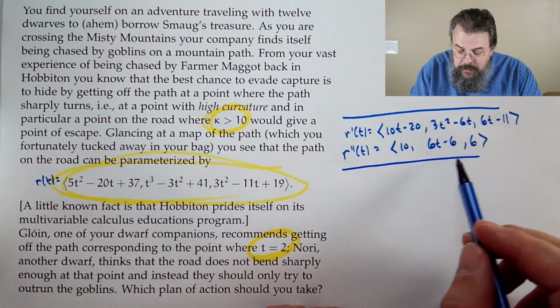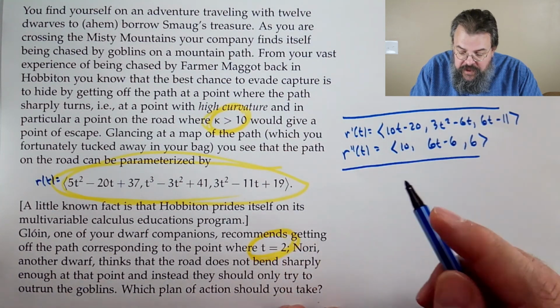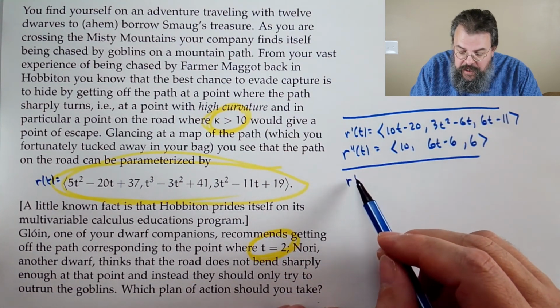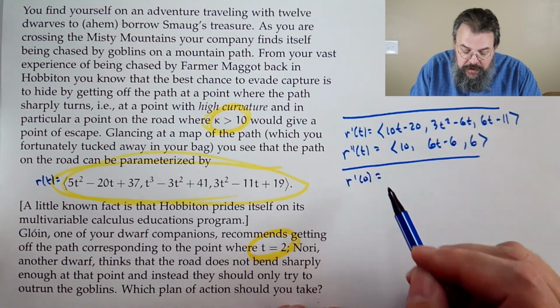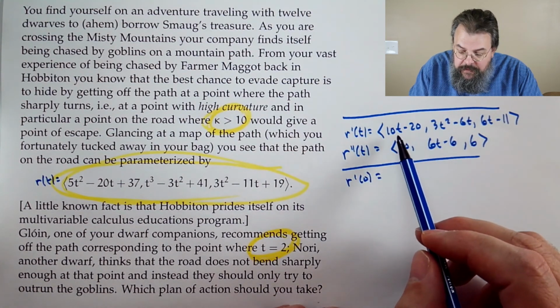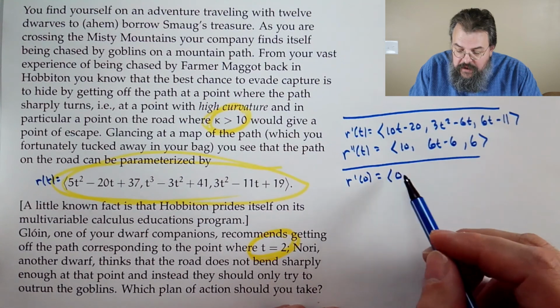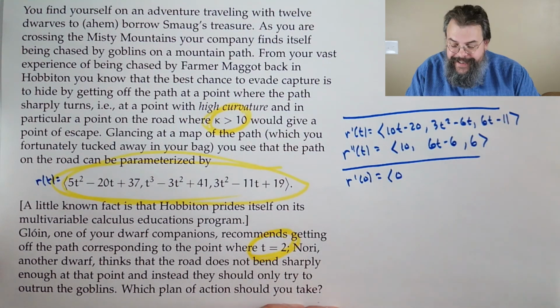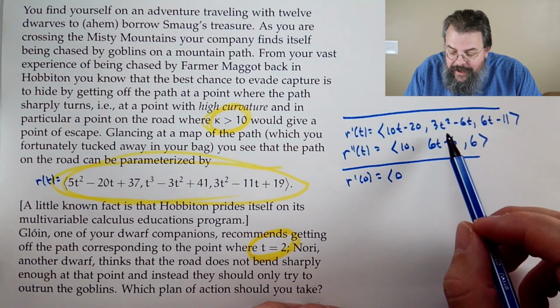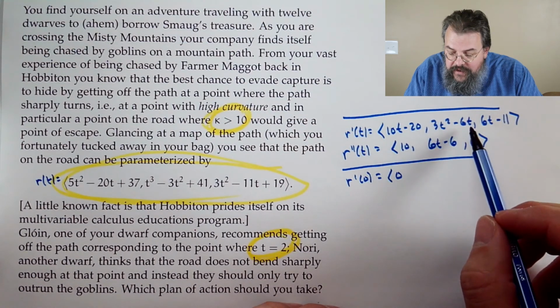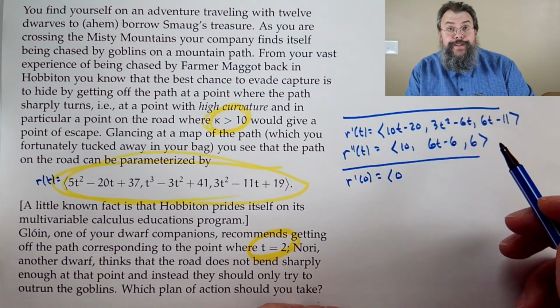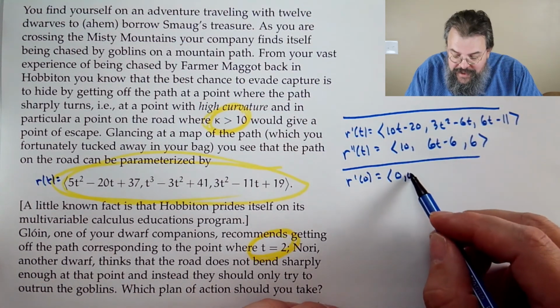Now, we'll plug in time equals 2. So, r prime of 2, what do we get? Well, we get 20 minus 20, 0. Great. We like that. Now we have 12 minus 12, 0. Perfect.